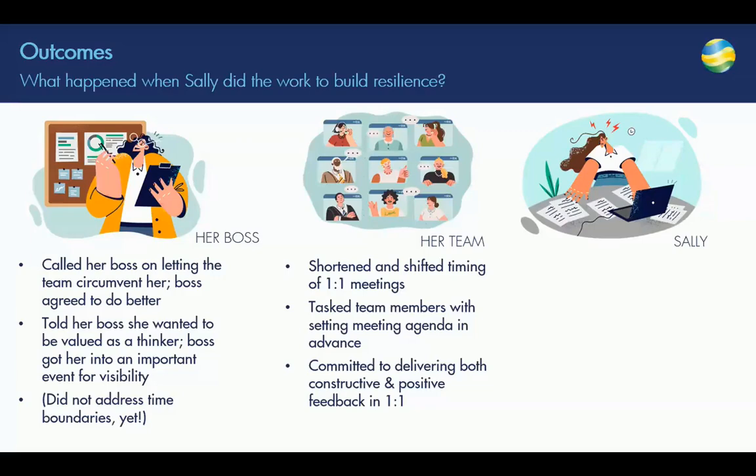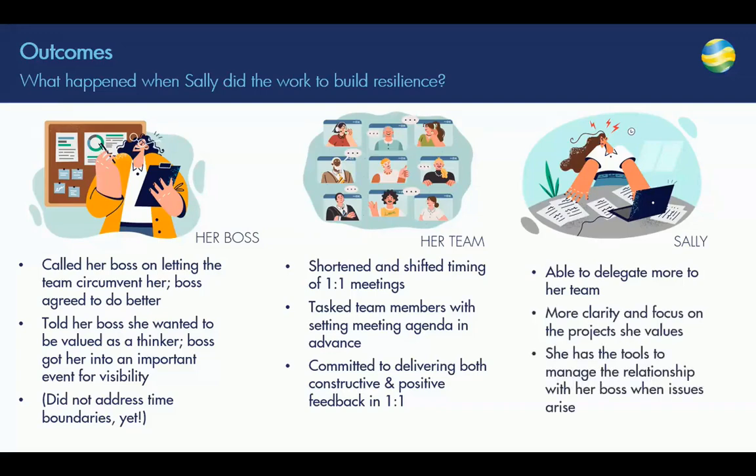And then for herself, she found, because she was giving that constructive feedback, she was able to delegate more to her team and have more confidence in them, which created more time for her and allowed her more clarity and focus on the projects that she values. And she's feeling like she has the tools to manage the relationship with her boss when issues arise.